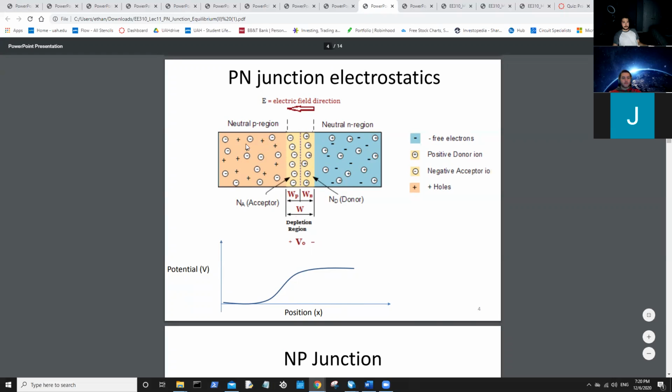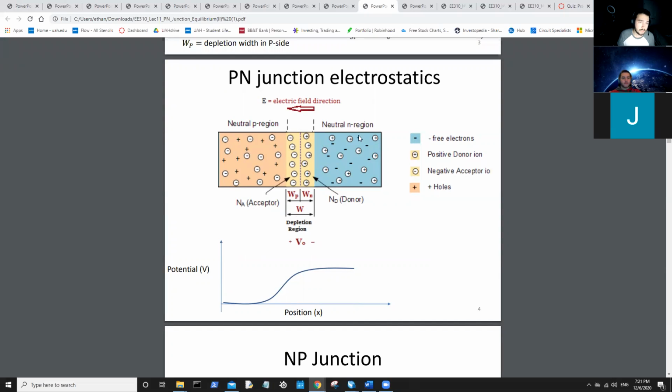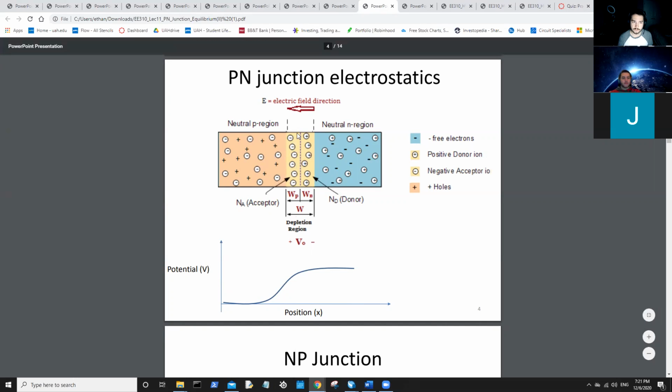You can see here, the neutral P region is doped with acceptor, and the neutral N region is doped with donor. Because of the electrostatics, they recombine in the center and they repel each other and pull away, causing that whole depletion region. And because it's depleted, it leaves behind the opposite of what you would expect, right?